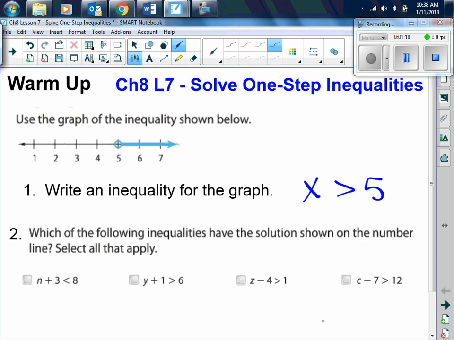Now, more specifically, when we look at the symbol, what kind of circle do we have there? It's an open circle. So, is that going to be a greater than or a greater than or equal to? Just a greater than. Very good. So that our inequality is correct. Okay, so we have x is greater than 5.